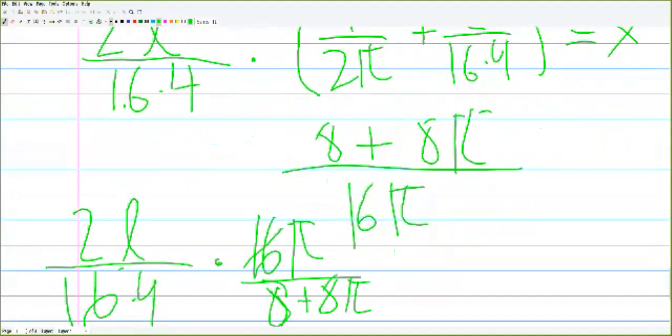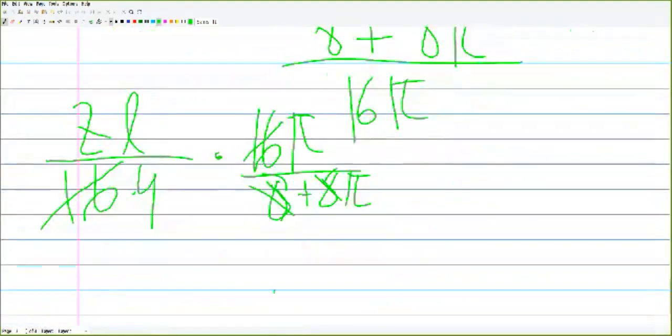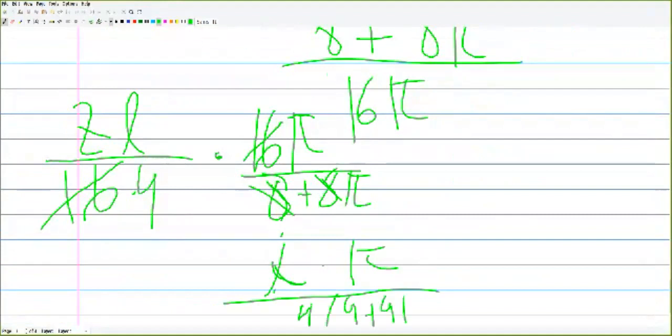So this cancels out, this cancels out, and L times pi over 4, factor of 4 plus 4 pi.